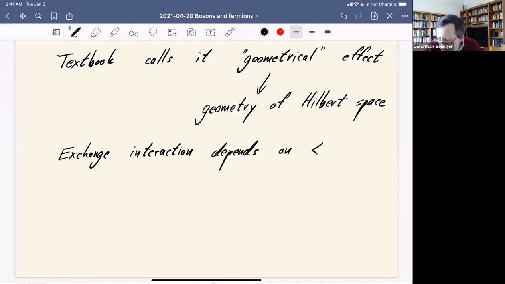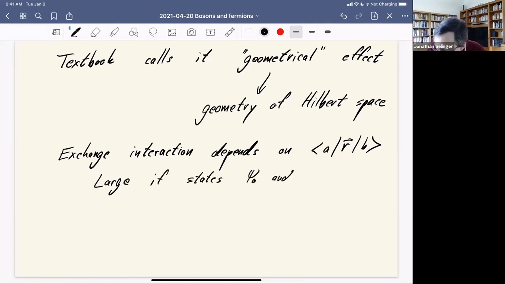So it depends on this matrix element of the position operator between the single particle states A and B. Now, this matrix element is large if the states psi A and psi B overlap a lot.